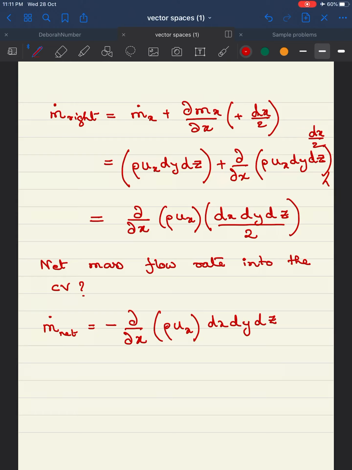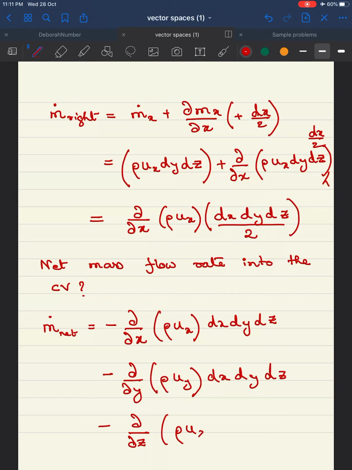But this was just considering the one dimensional case. If you take all the 3 dimensions, then it's not very difficult to see that what you will have is simply this, plus del z of rho u z dx dy dz, right? So this is the entire net mass flow rate. Good. So this falls into a very nice form.